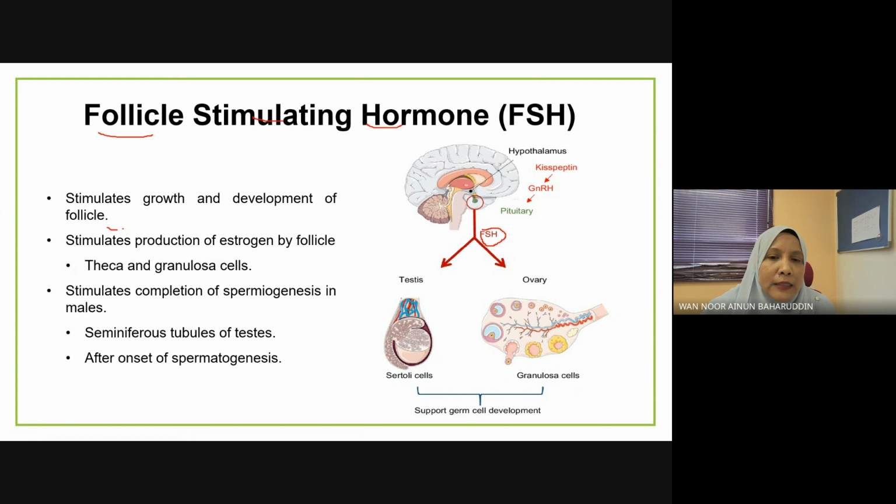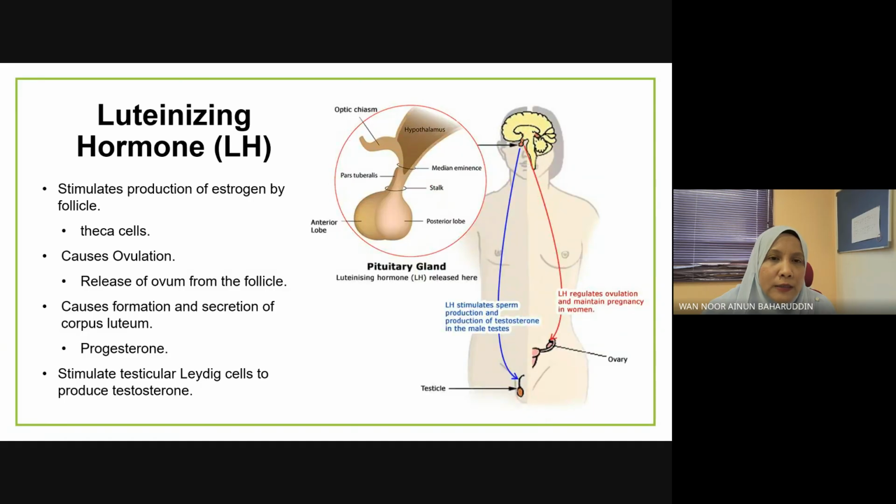And then this follicle can also induce the production of another type of hormone, what we call estrogen. For male, it will stimulate completion of spermiogenesis. So it occurs inside the seminiferous tubule of the testis, after the onset of spermatogenesis.